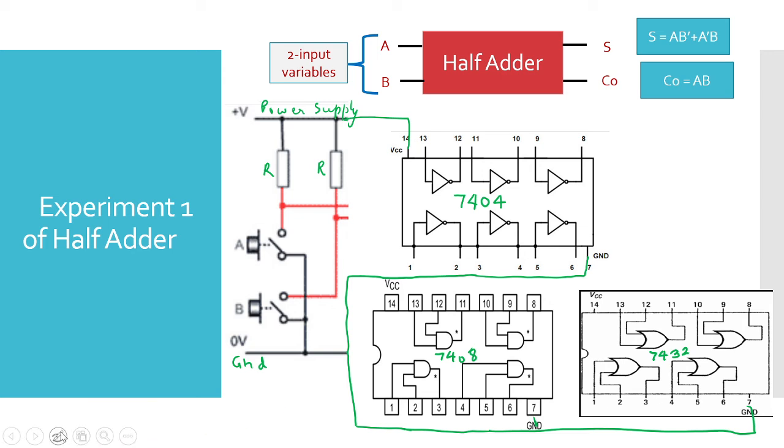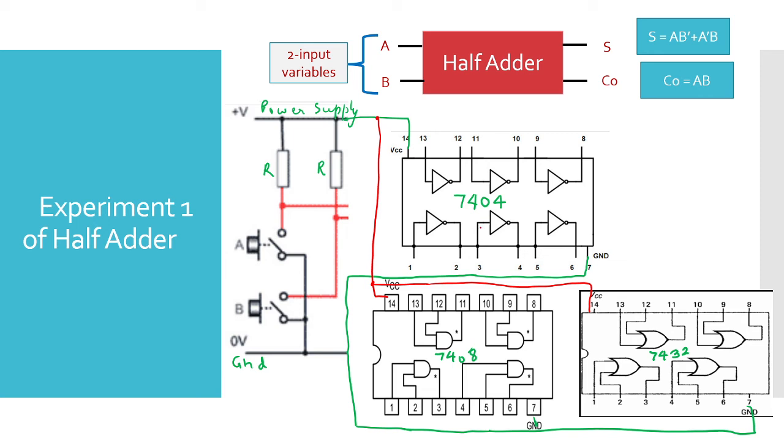Here I am showing you the connections you will do in the lab. This is my power supply. I will give the power supply to this AND gate IC, and I will also give this VCC to the OR gate IC. Each IC needs VCC and ground connected.